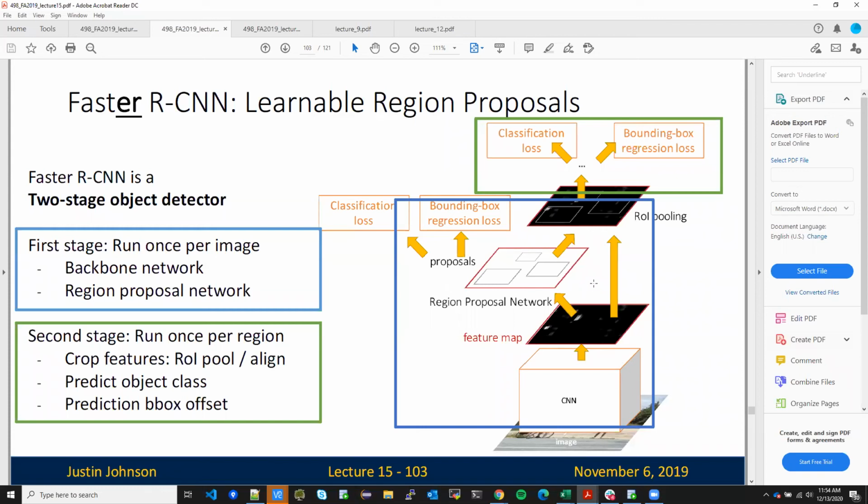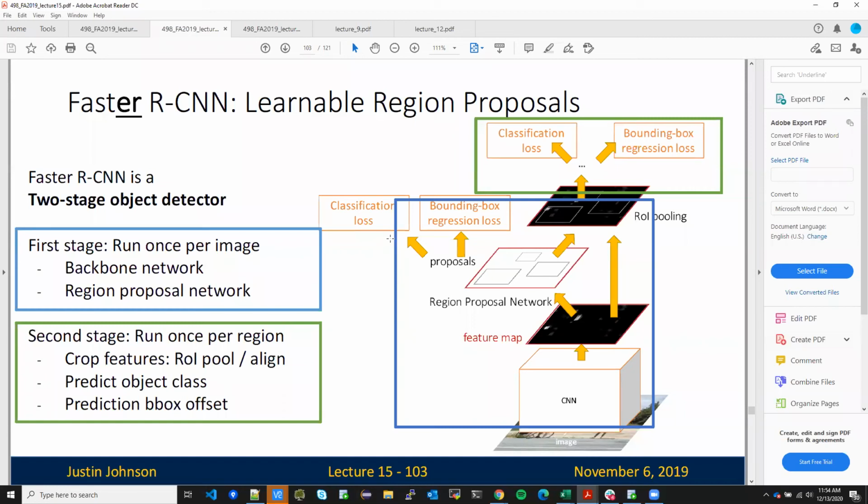At the end of stage one, you get region proposals, areas of interest where you think there may be a car or a different object.